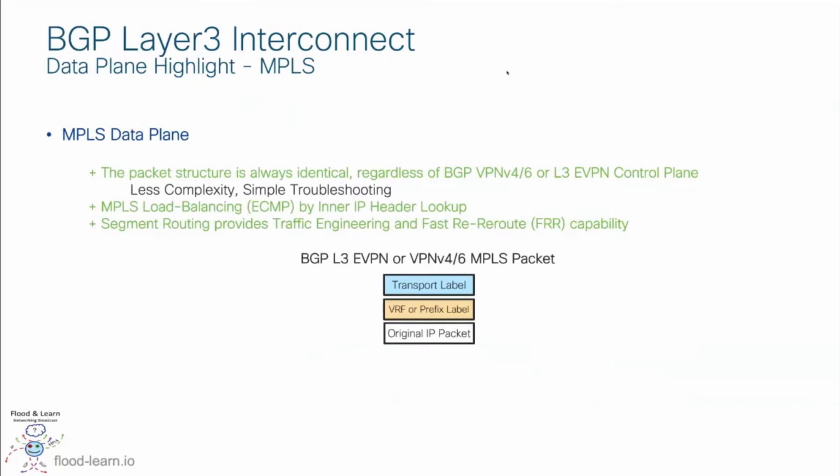Typically, you do the inner IP header lookup. So each P router or spine router will look at the inner IP header, do the hash, and based on this, you will have the balancing inside your core or inside your CO.